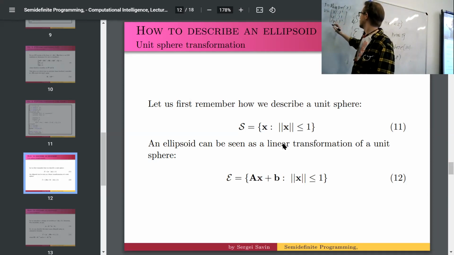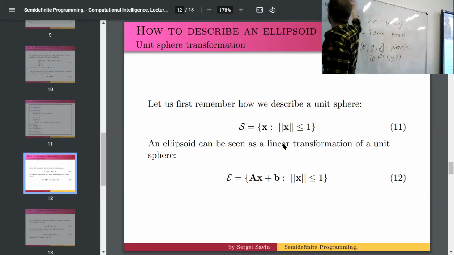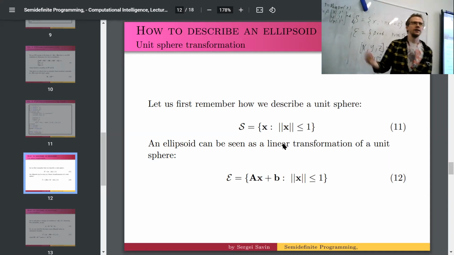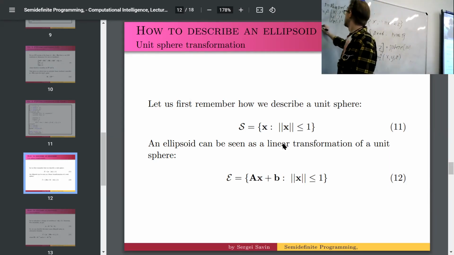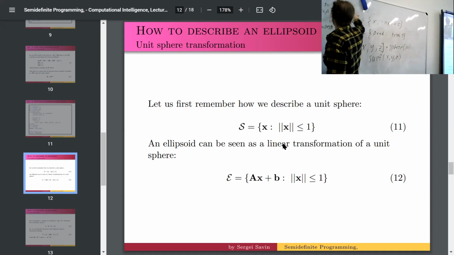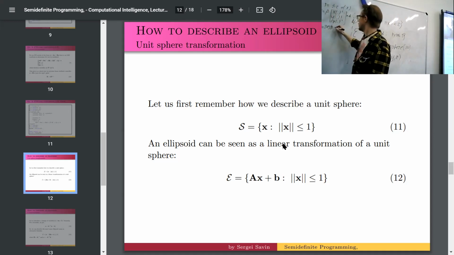Then you can write B equal to A times X plus B. And then you say X is equal to a reshape of the size.